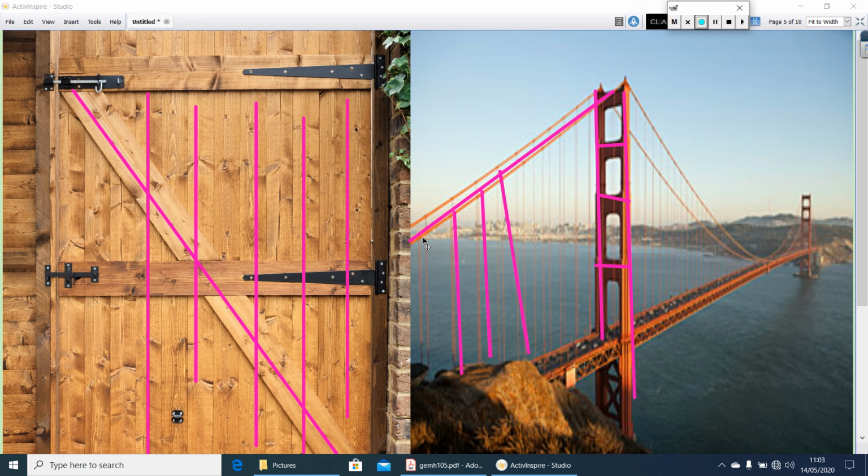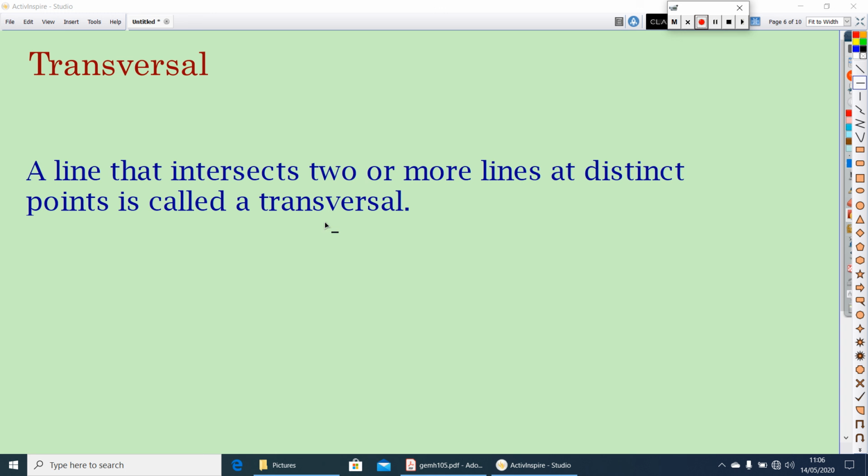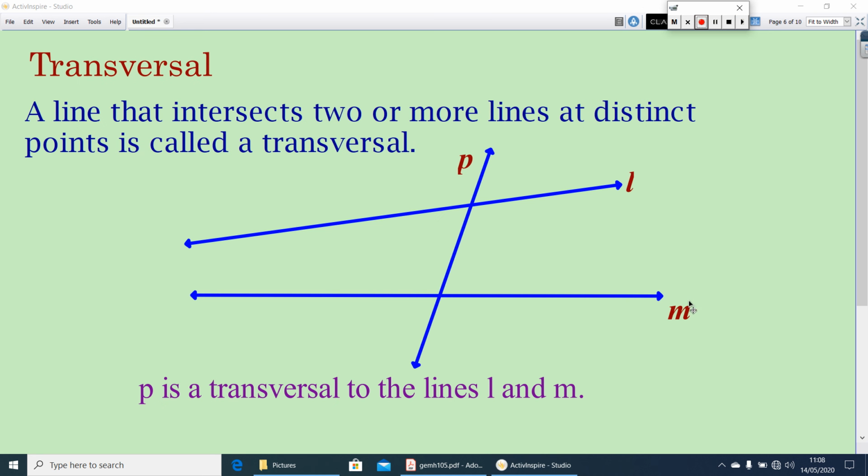Now let us see what a transversal is. A transversal is a line that intersects two or more lines at distinct points. Let us draw a transversal. Here L and M are two lines.